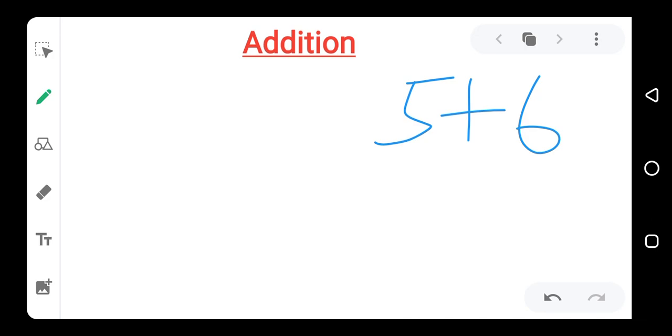if somebody gives you 5 and 6 and asks you to add the two of them, first of all you are going to arrange the numbers in hundreds, tens, and units, and then you add them together. The first thing we are going to do is write H for 100, T for tens, and U for units.